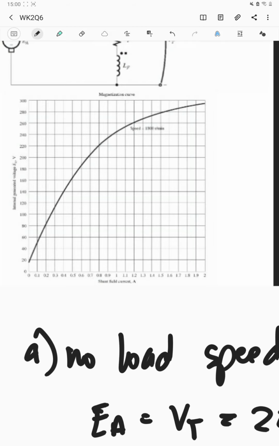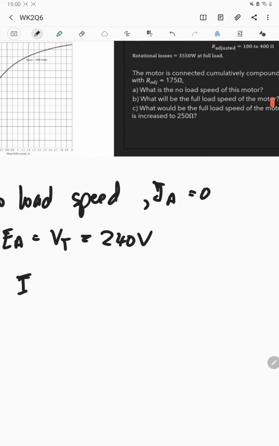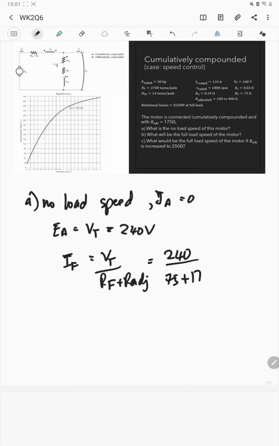IF, the field current, is equal to VT over RF plus R adjusted, which is 240 divided by RF is 75, R adjusted is 175, so 240 over 250, which is equal to 0.96 ampere, or close to 1 ampere.